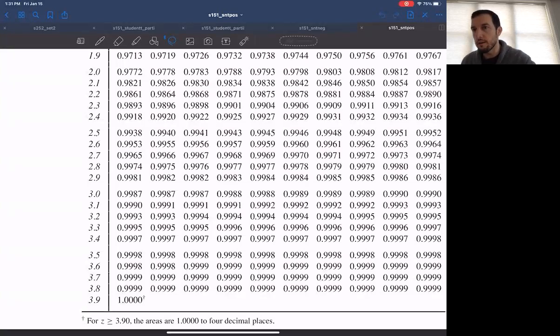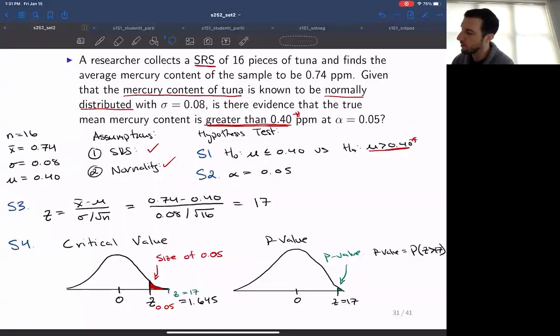So this note is telling us that the area below any value greater than or equal to 3.9 is effectively equal to 1. So in our illustration, this area here is approximately 1. The area to the left of our test statistic is approximately equal to 1.